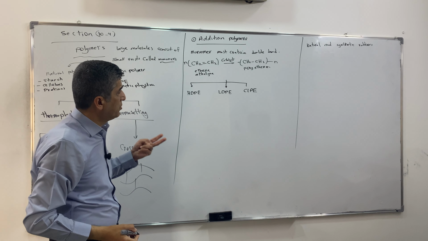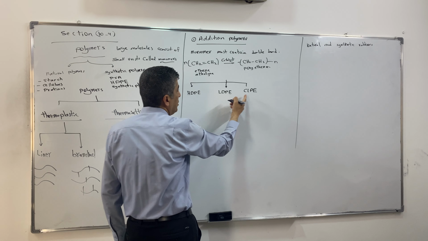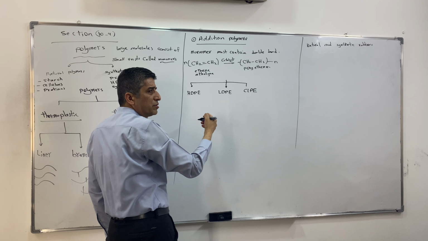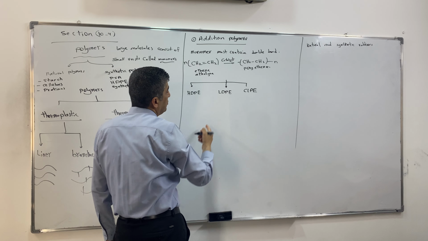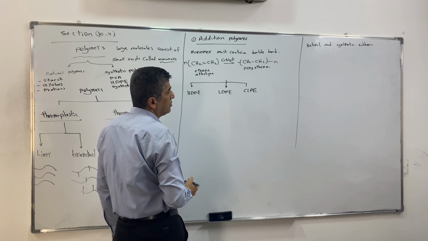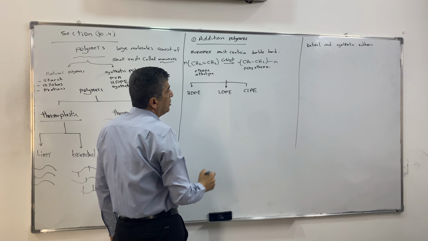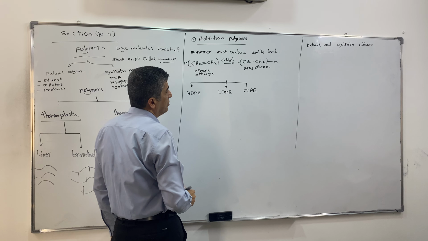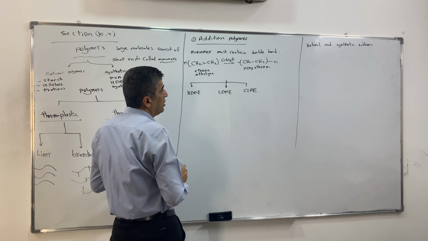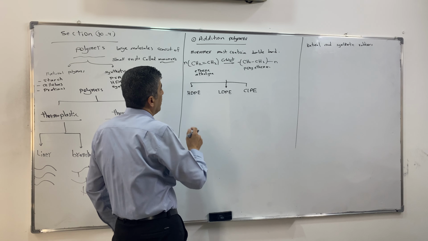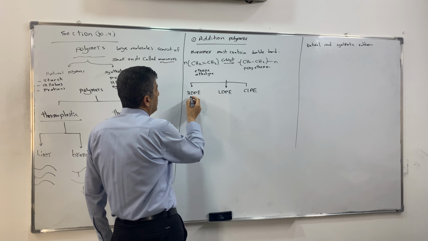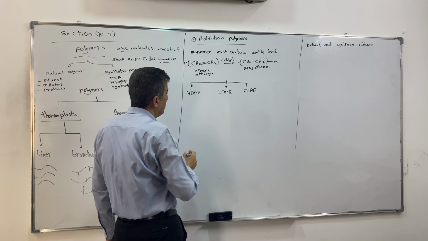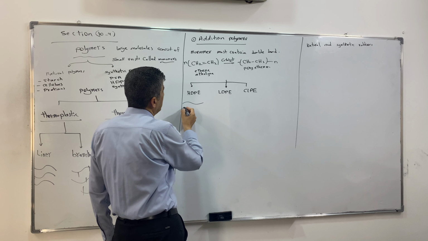Polyethene has three types: HDPE, LDPE, and CLPE. HDPE is high density polyethylene, LDPE is low density polyethylene, and CLPE is cross-linked polyethylene. HDPE is high density polyethylene because it is linear.